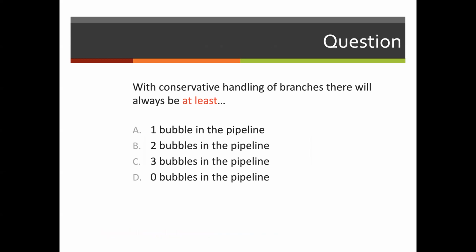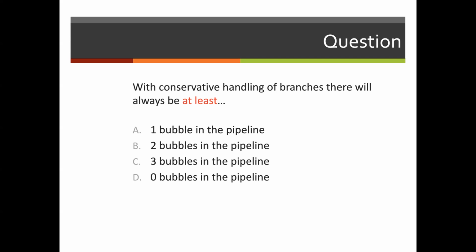So let's consider, with the conservative handling of branches, how many bubbles will there be at a minimum? Will it be 1, 2, 3, or 0 bubbles? And so we just saw in our previous example that if the branch is not taken, then we will introduce at least 1 bubble.